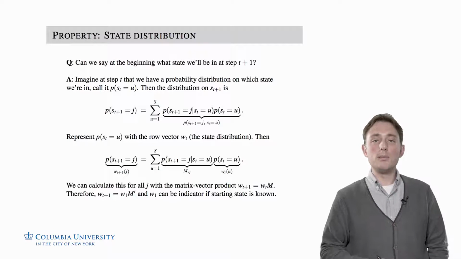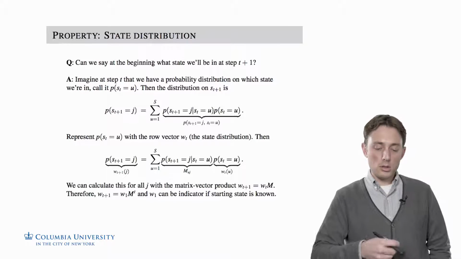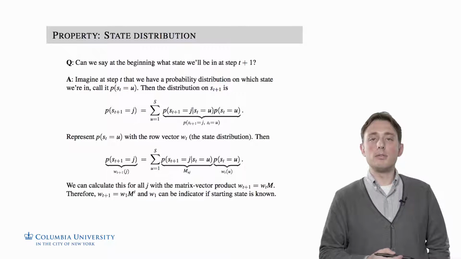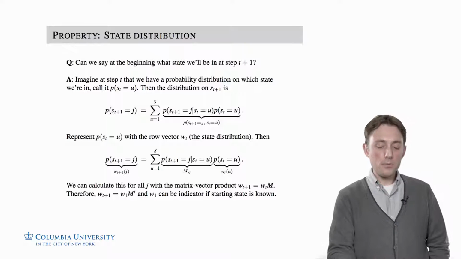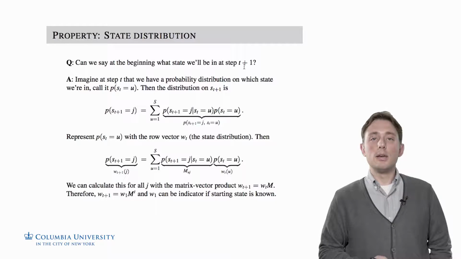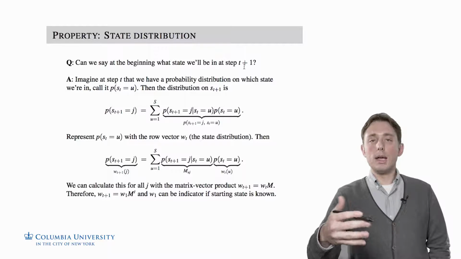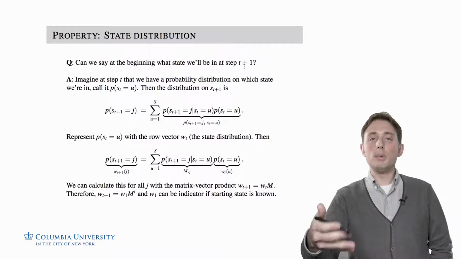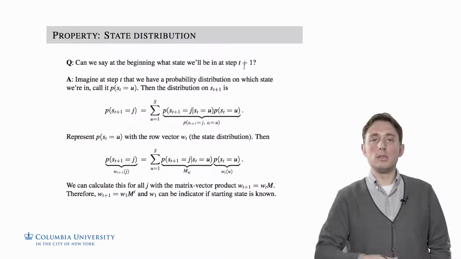So we start at time 1 or time 0, however we index it, and then we start the Markov chain by generating data from a Markov transition matrix M. If I do that and go to step t+1, can I say what state I'm going to be in at time t+1, before I even start this entire process?